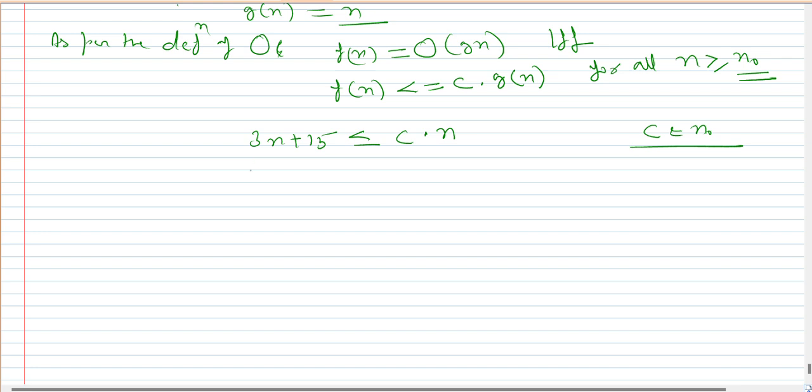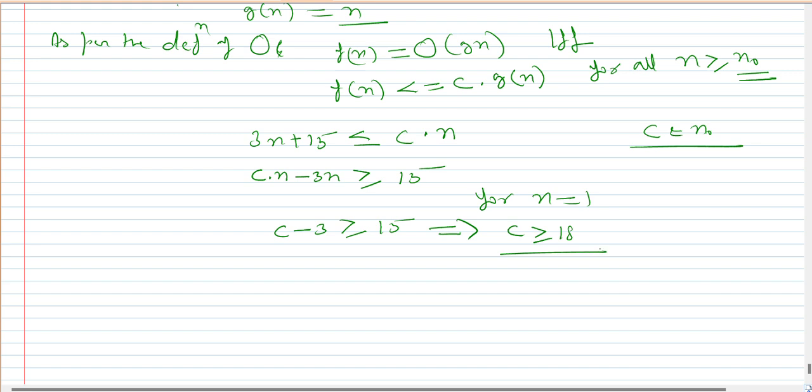So here we can write this like this: c dot n minus 3n is greater than or equal to 15, or we can say that for n is equal to 1, c minus 3 should be greater than or equal to 15. All this implies that c should be greater than or equal to 18.